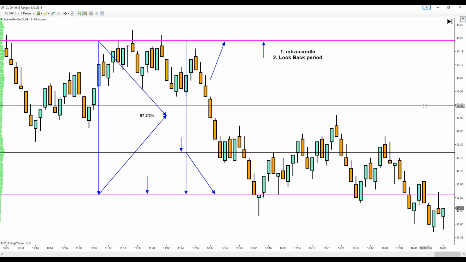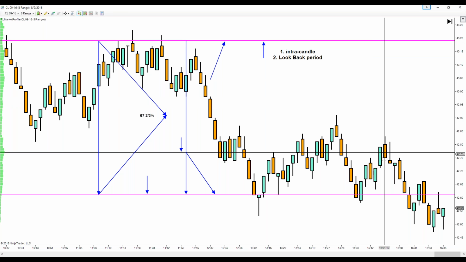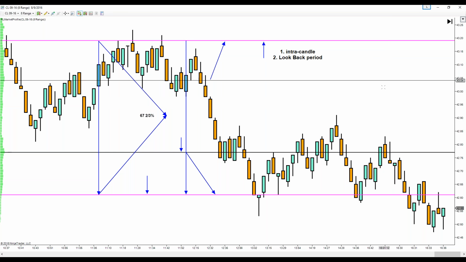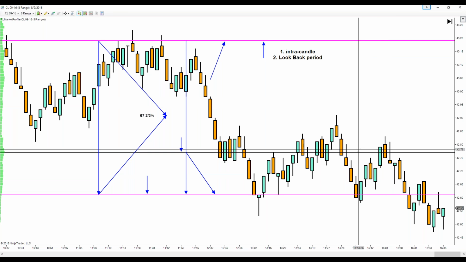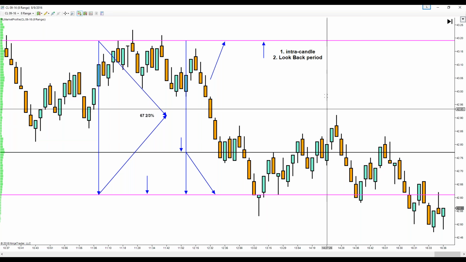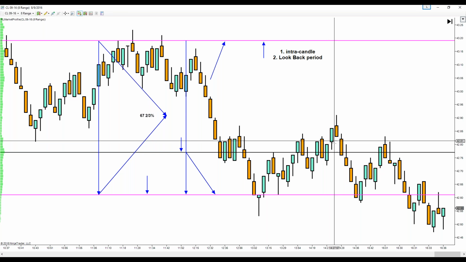They have multiple histograms that create multiple market profiles based on the time period. And that's very cumbersome to use. It's very difficult.